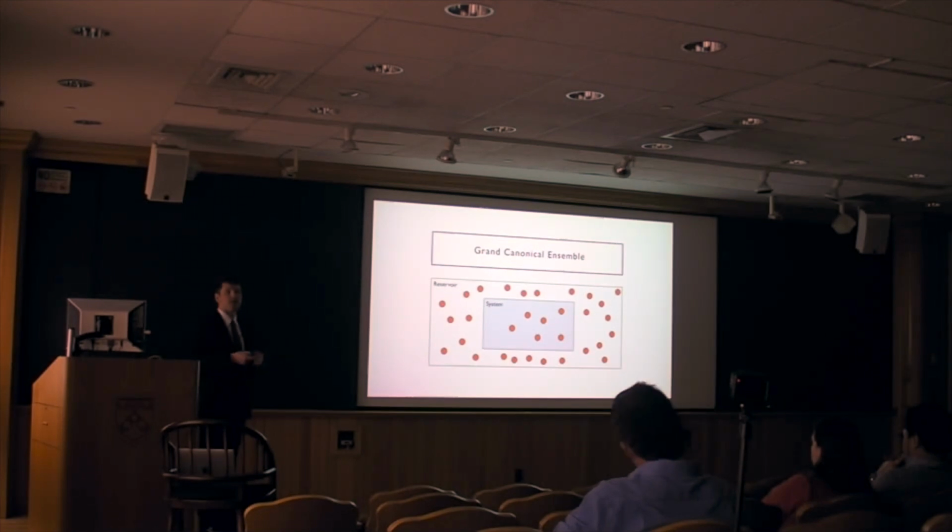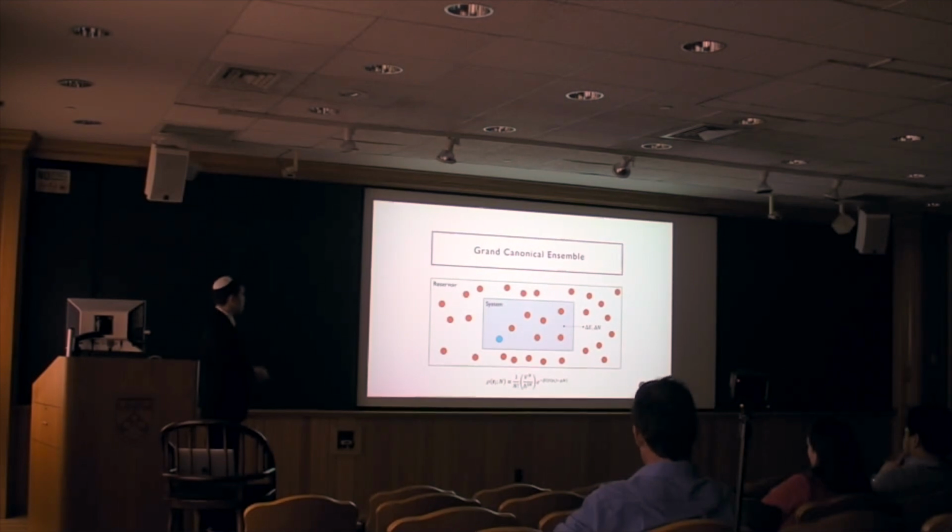And the system and the reservoir are filled with particles, these round dots here. And so between the system and the reservoir, we allow there to be both heat flow and also particle flow. And so particle flow could be imagined as taking an atom from the reservoir and then sliding it over into the system.